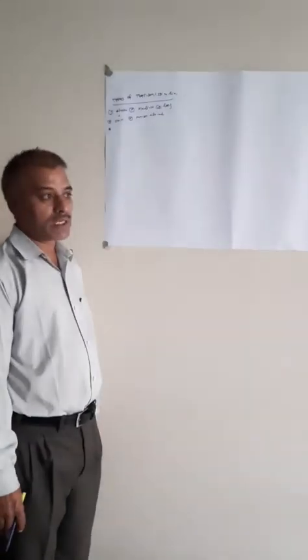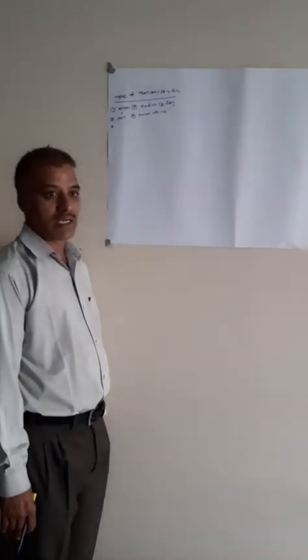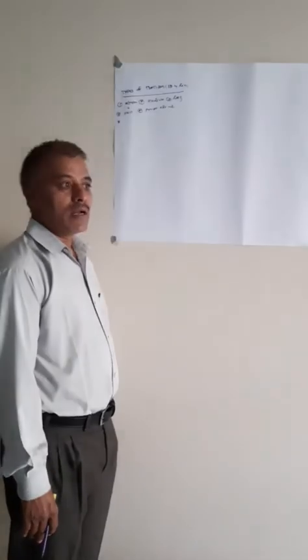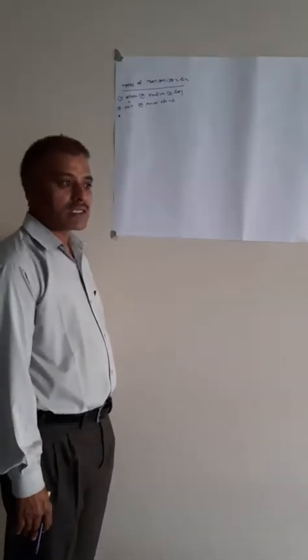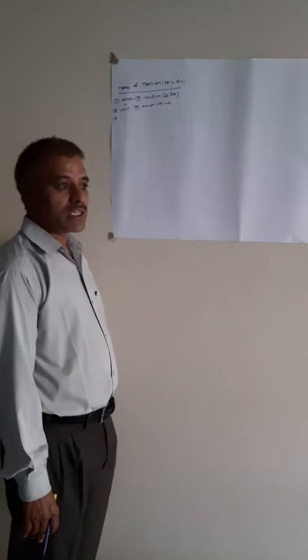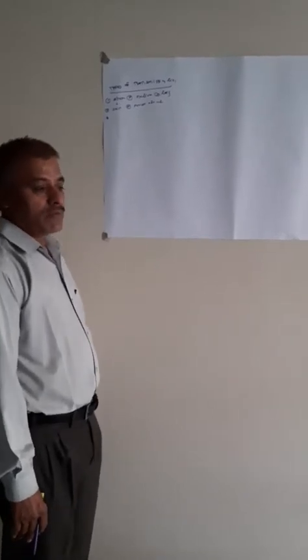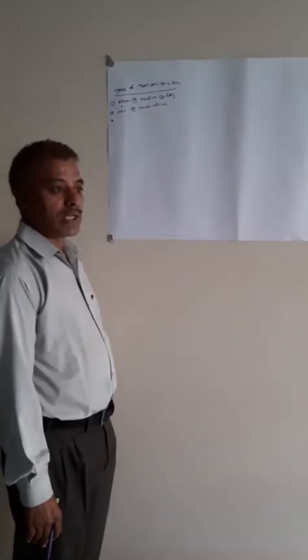The second type is the medium transmission line. What is a medium transmission line? Medium transmission lines are the lines in which the distance varies between 50 kilometers and 250 kilometers.